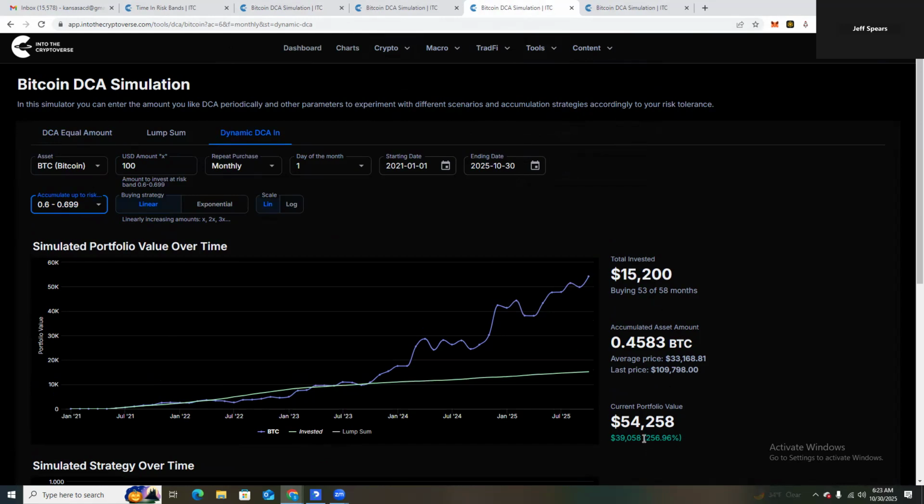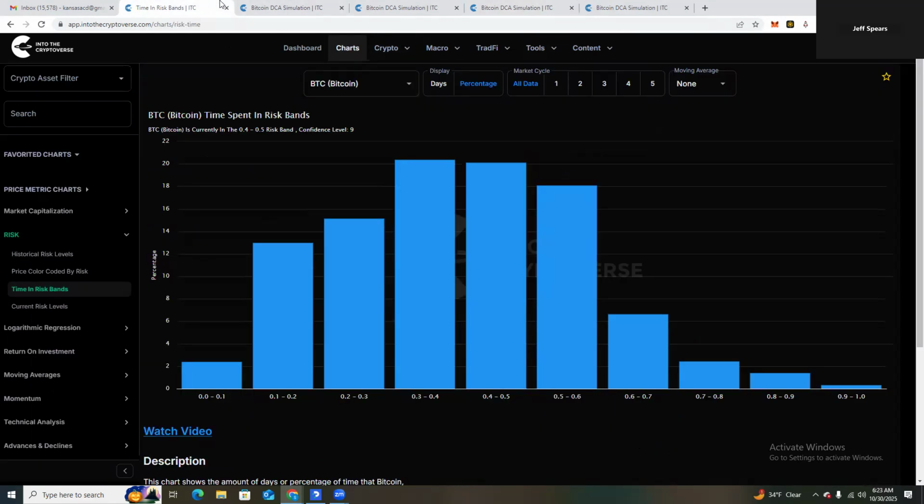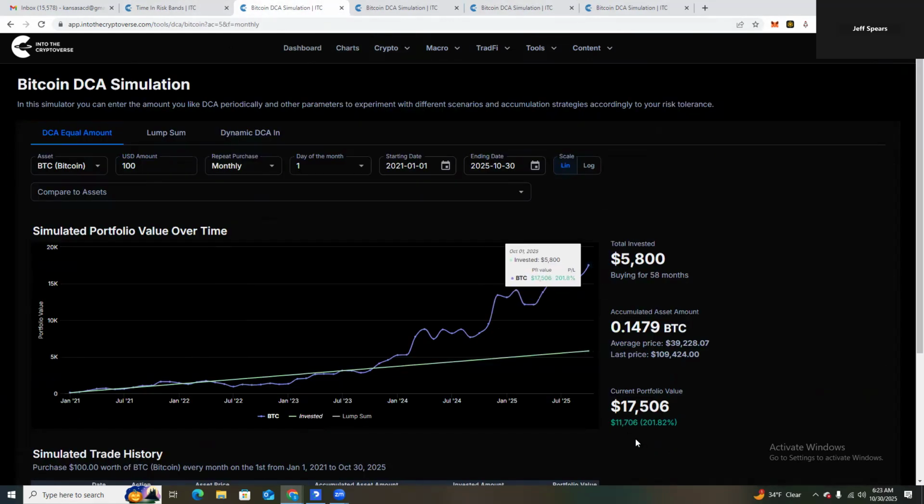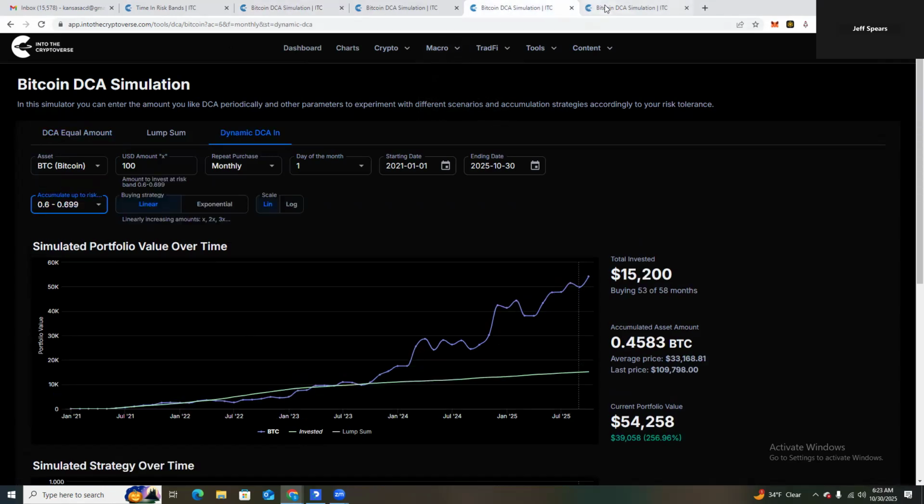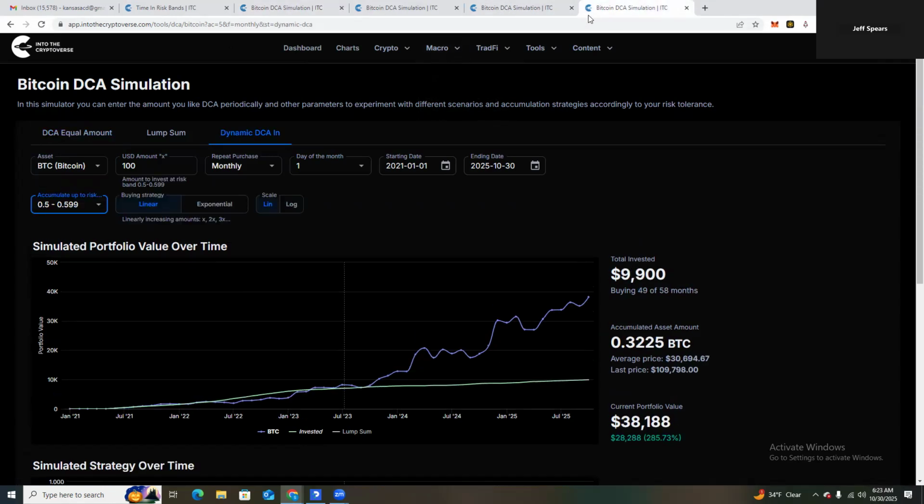But look at these returns. Your portfolio is up a lot of money compared to the 11,000. If you do more of a conservative 0.5 to 0.6, it's going to be less, but you're also investing a lot less money in a lot less months.